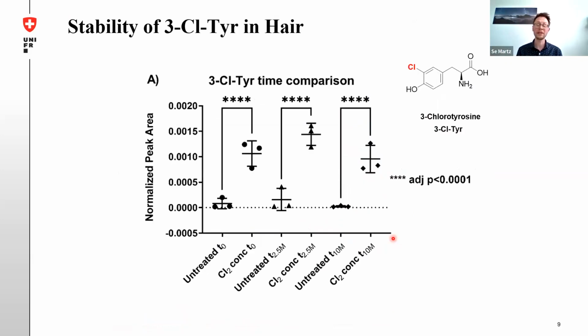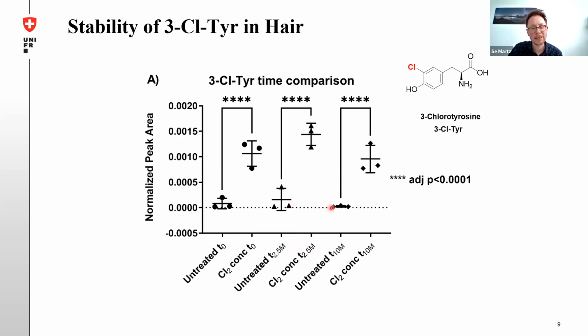Yes, and now the stability. As I said, stability is also a key feature of a biomarker to be useful. And that's why after our exposure experiments, we took our hair samples and stored them at room temperature for a certain period of time. Here, T0 indicates our starting point. And then 2.5 months later, we analyzed the same hair samples and we could still detect the 3-chlorotyrosine.